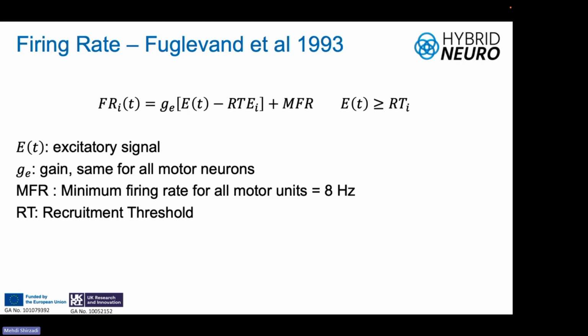If our excitation signal is above the recruitment threshold of a motor unit, that motor unit will be active. In this model the minimum value is 8 hertz, 8 firings per second, so once the signal is above the recruitment threshold, it will start firing at this value, but by increasing the excitation signal for force, we will have an increment in the firing rate.